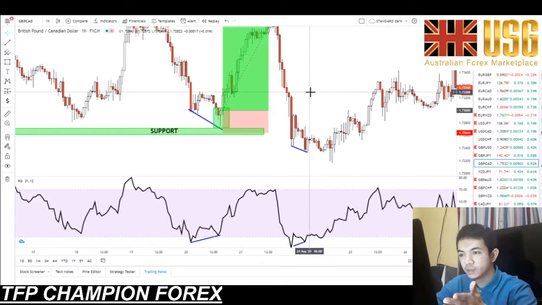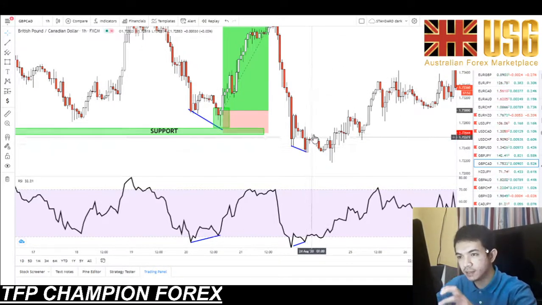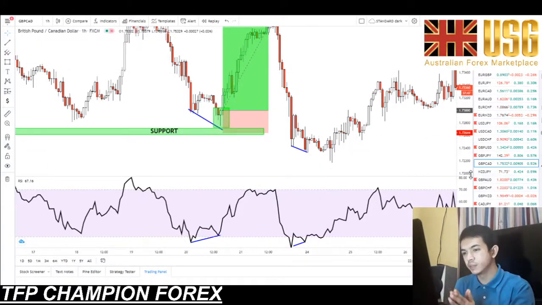However, you can see that the price didn't reverse right away. That's what I'm saying. So that doesn't mean that if you saw a divergence, expect that the market will reverse right away. Alright, guys? You have to be careful in doing your entries when it comes to this strategy.